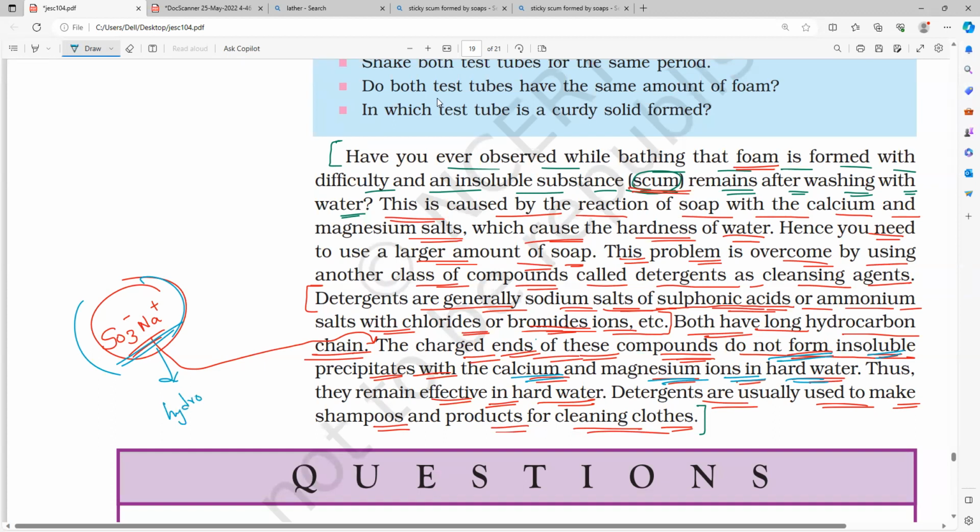The hydrophilic part of a detergent cannot be precipitated by calcium or magnesium ions in hard water. Soaps form a precipitate, scum, while detergents give lather with both hard water and soft water. That is the only advantage of detergents.